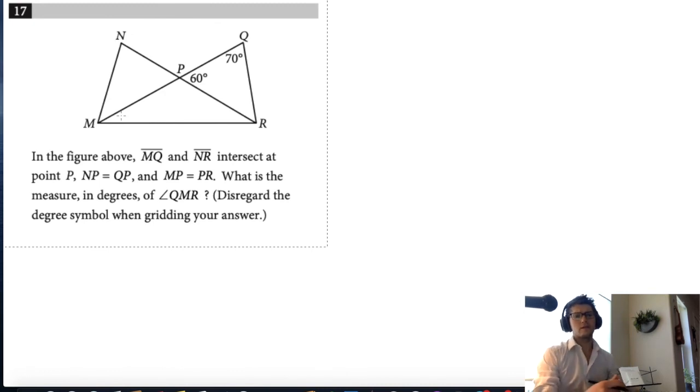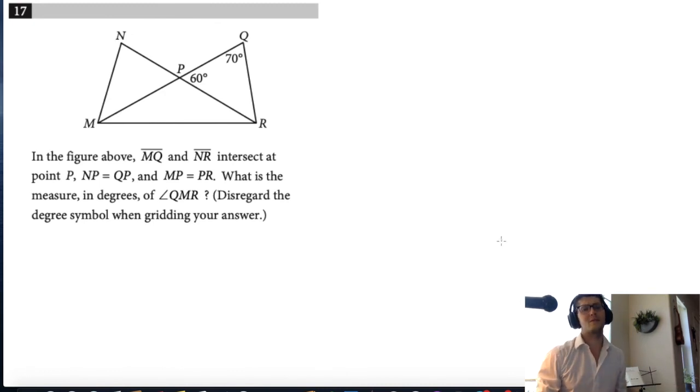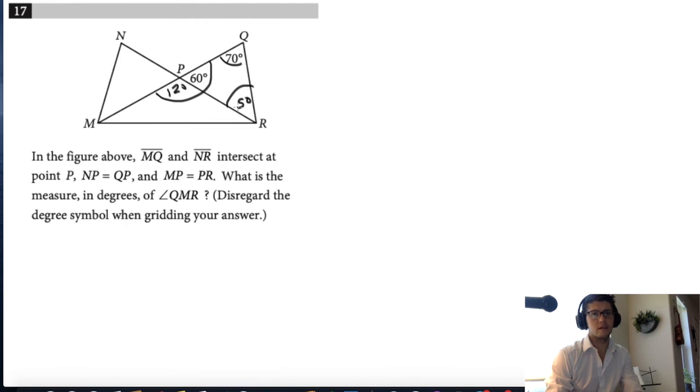Okay, so the reason I wanted to talk about this question is because it's a great example of how you can just plug away on some stuff. This is 120 because that's a straight line. This is 50 because a triangle must add up to 180. So 60, 70, and 50. This one's 60 because two lines that intersect will have opposite angles that are equal.